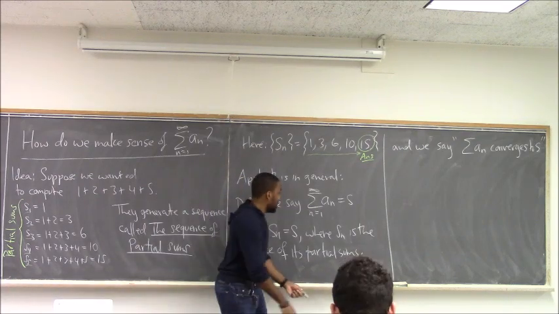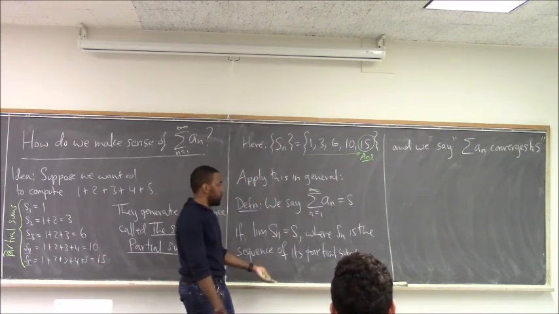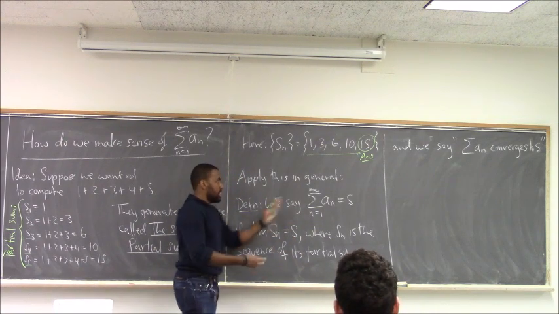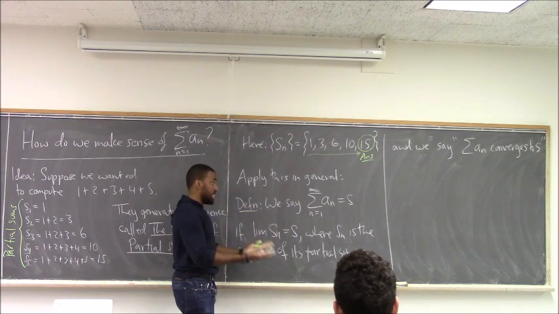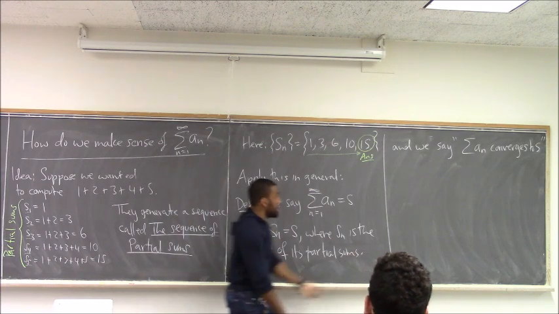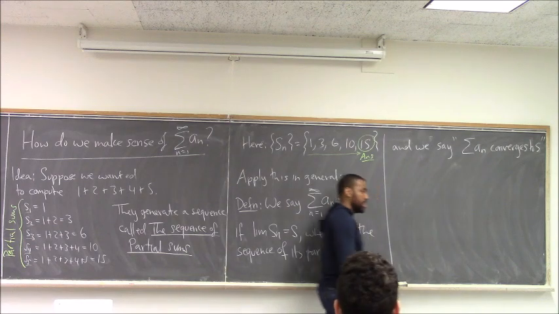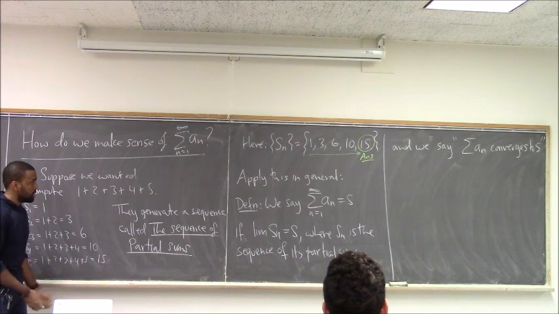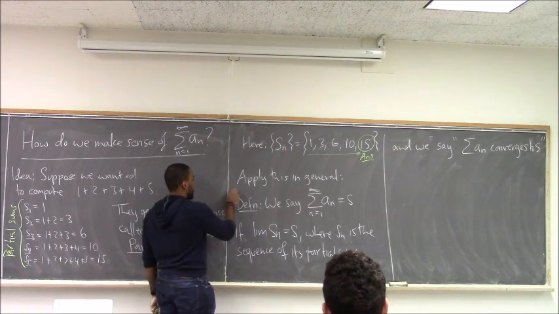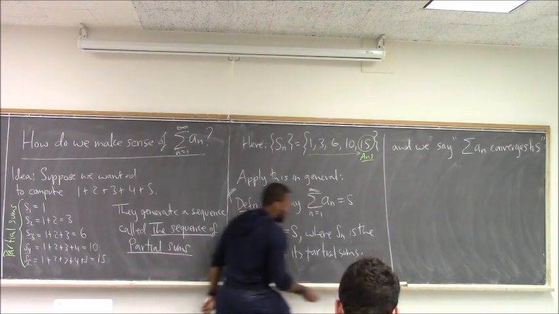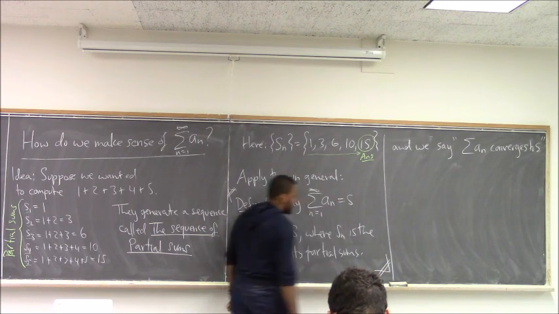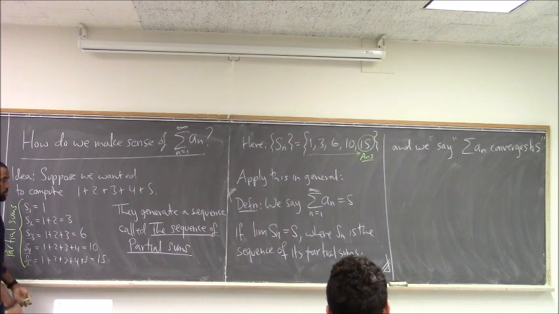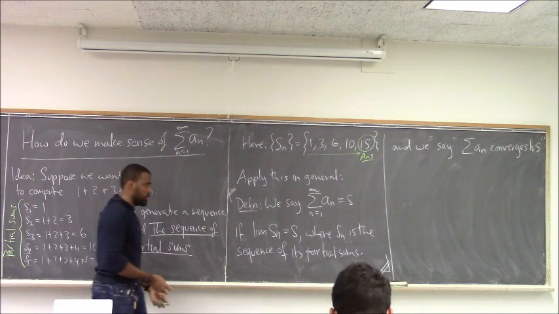And if it ends up somewhere meaningful, like 5 or pi or 17, we say, oh, that infinite sum has a meaningful answer. The answer is 17, and we can say the series converges to 17. If I were to add up all the numbers in this list, 17 would be the answer, right? So this is basically the definition of what it means to add up an infinite number of things. Generate a sequence of partial sums, find what it converges to. That is the answer for your series.